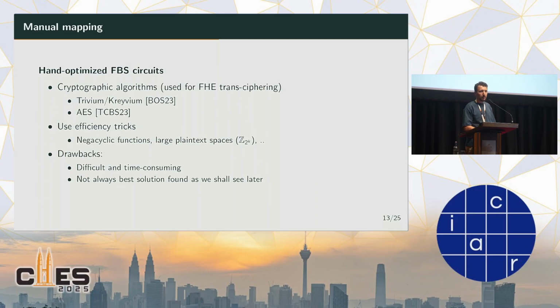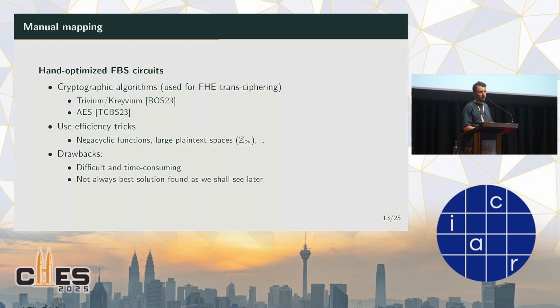Then there are other works which do the mapping to functional bootstrapping manually, for example for cryptographic algorithms used in transciphering. Because they're doing this manually, they can use all the tricks in the scheme to increase the efficiency, like negative cyclicity.